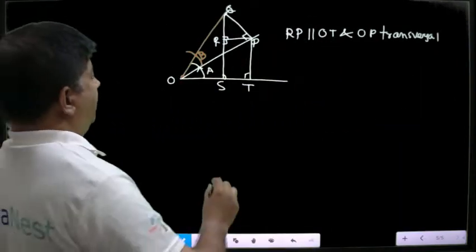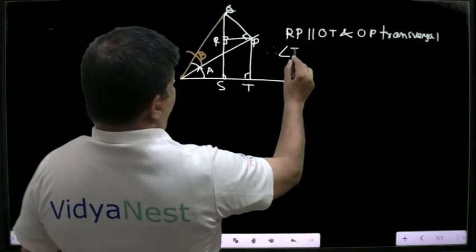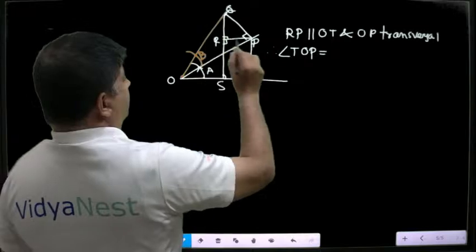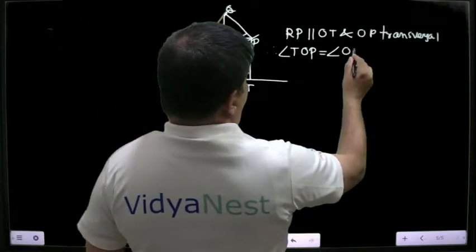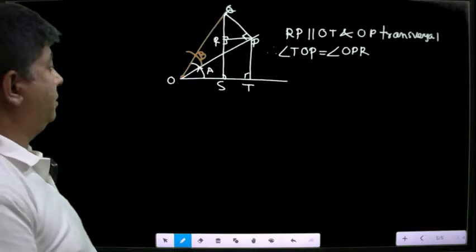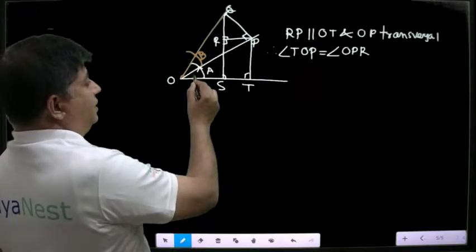Therefore, TOP is equal to OPR. Why? Because of alternate angles. Now, according to this figure, TOP represents which angle? A.